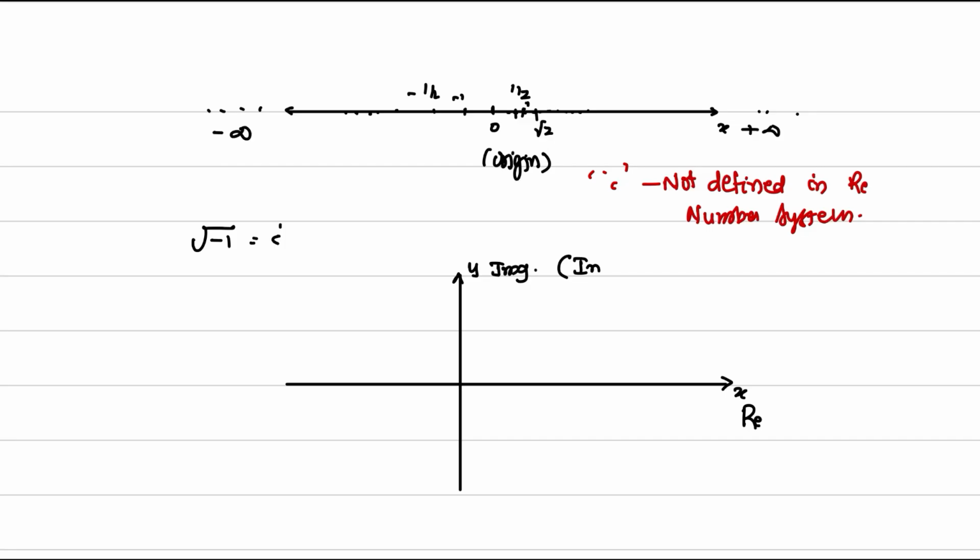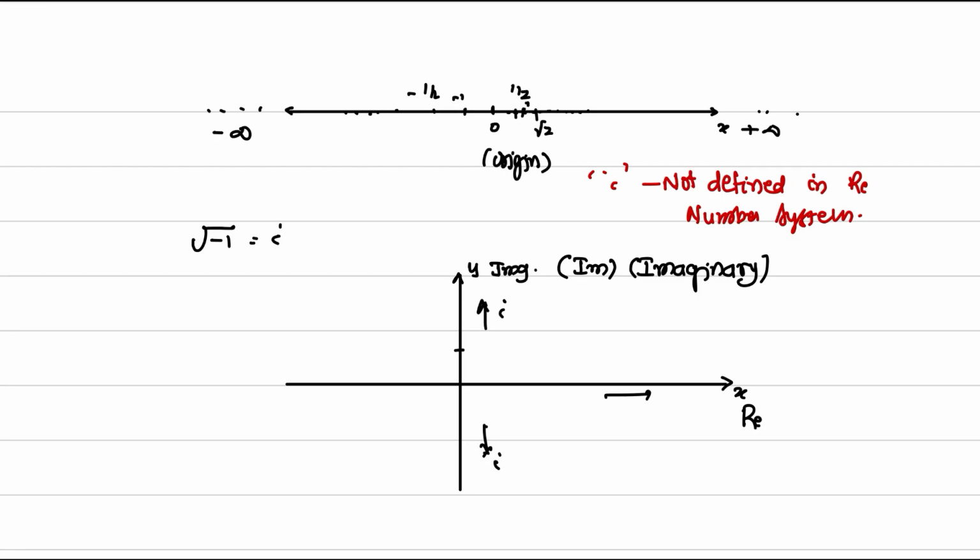We will call it as in short IM, or in long we will call it as imaginary. That means all i's are represented on this y line and all real numbers are represented on this x line.